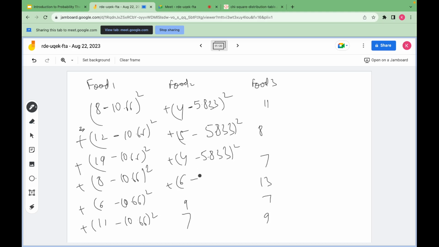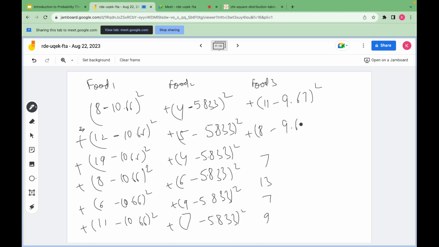We do it for all the elements of this group. And then we go to the third group. The average of this third group is 9.67, and we do the same.